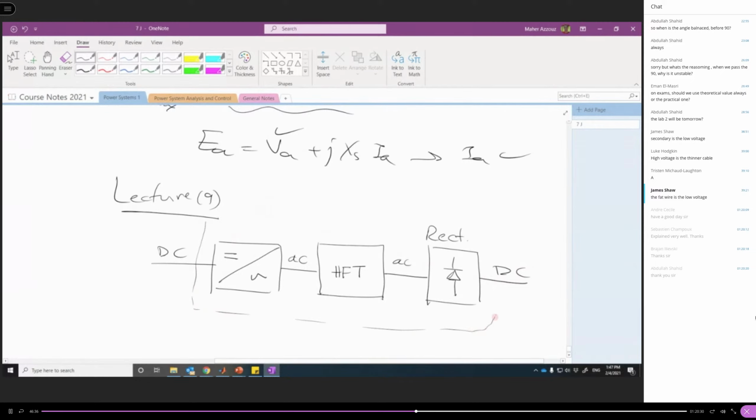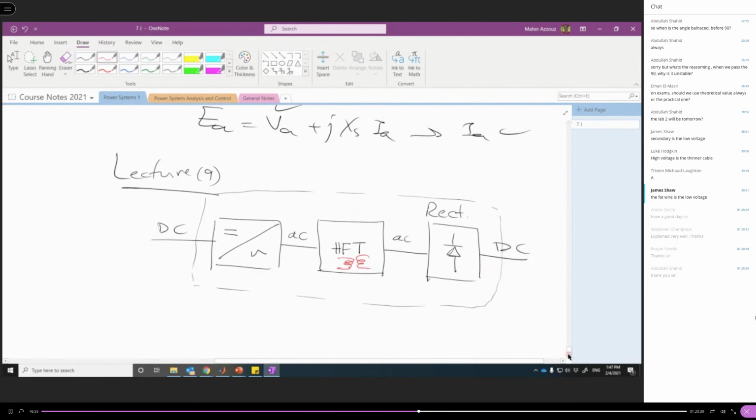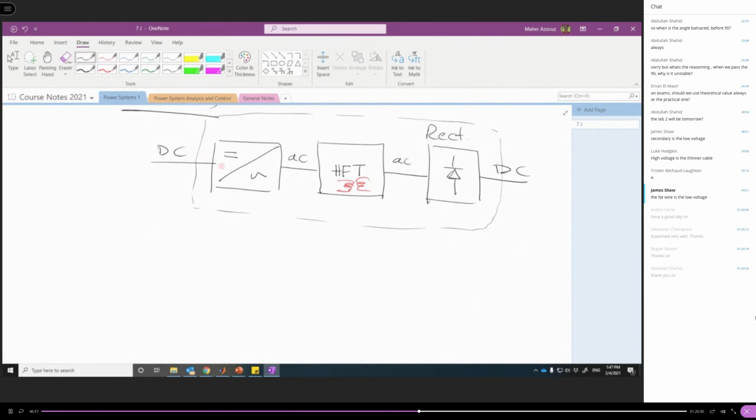Using this configuration, we can construct a DC transformer, and also we can have insulation. This high frequency transformer is basically a transformer, so we have insulation between the two sides. We can use other power electronic converters. For instance, you can use the boost converter to directly increase or decrease the voltage.